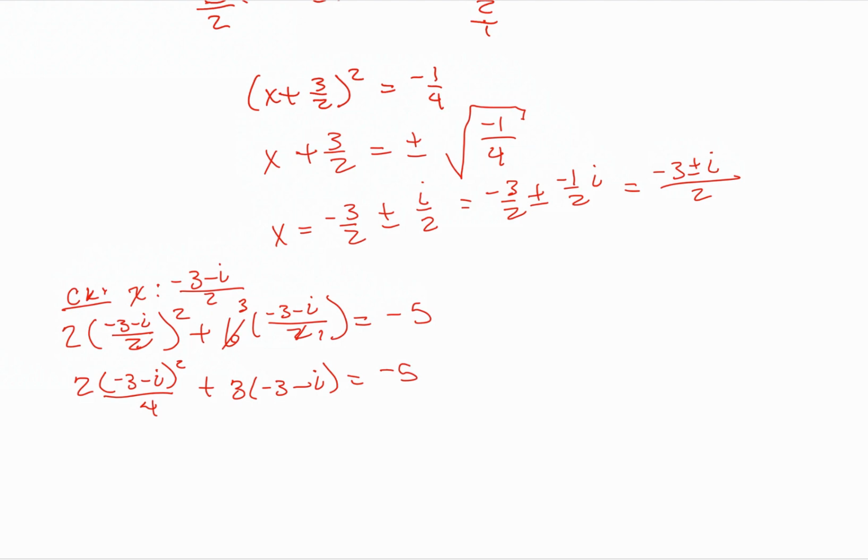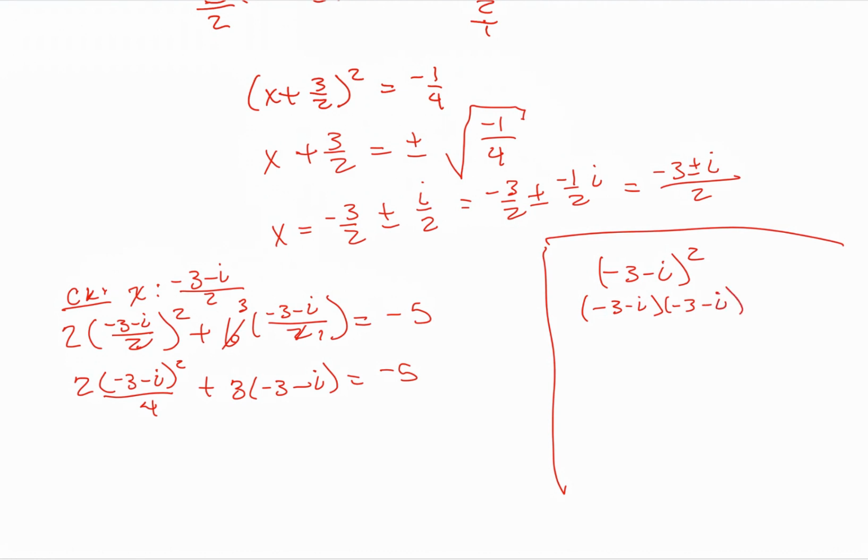Now, I'm going to go right over here, and I'm going to say (negative 3 minus i) squared. So I'm going to do this arithmetic, or this math, over to the side. It's not really arithmetic, but algebra. So that's minus 3i minus 3. And I'm going to just multiply all this out over to the side so that I'm not having to write this whole long thing so many times.